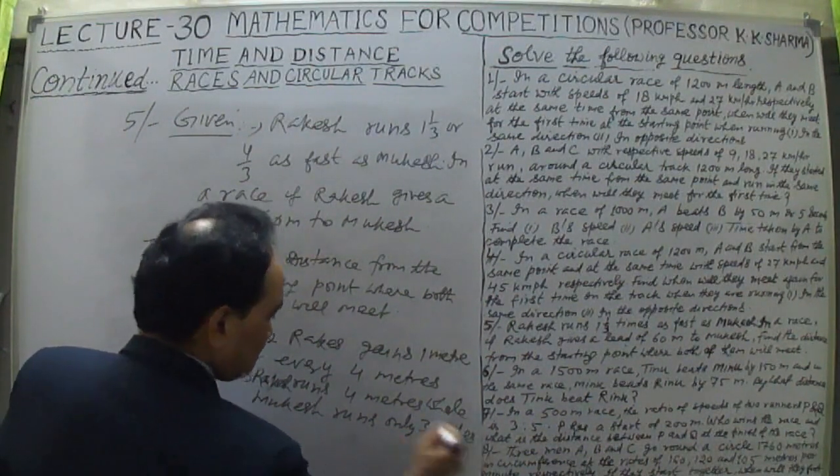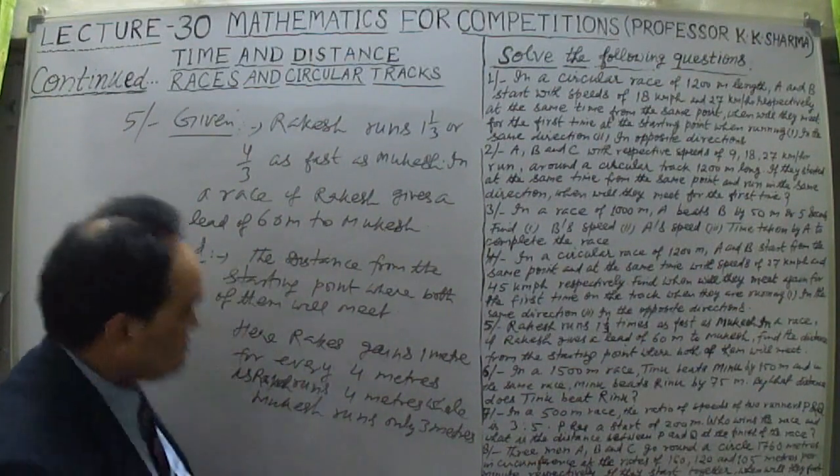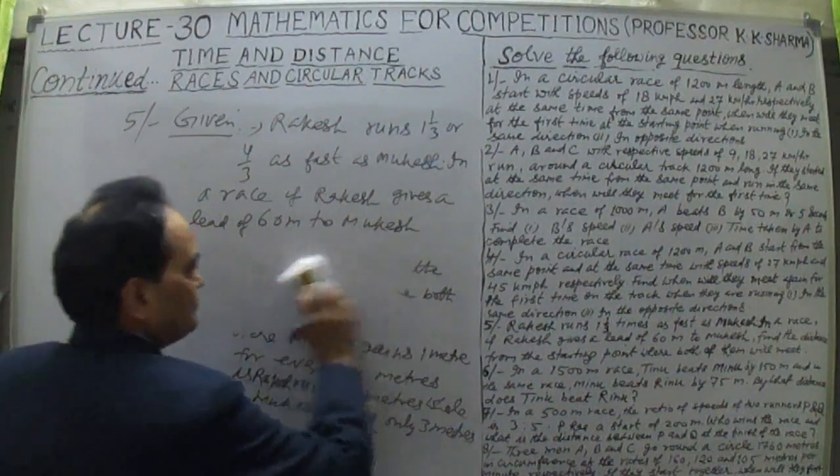That is the point here. So for every 4 meters, Rakesh is gaining 1 meter only.